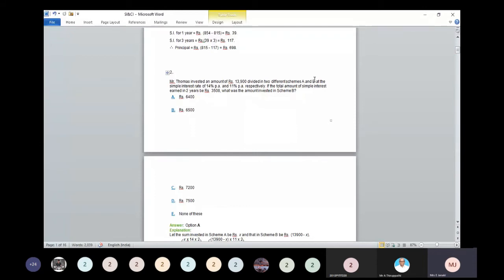For scheme A, the principal amount is X. For scheme B, the principal amount is 13,900 minus X. And the rate of interest, the R value, is for scheme A 14% and for scheme B 11%. So you know the R value. And the time period for both the schemes is 2 years only.